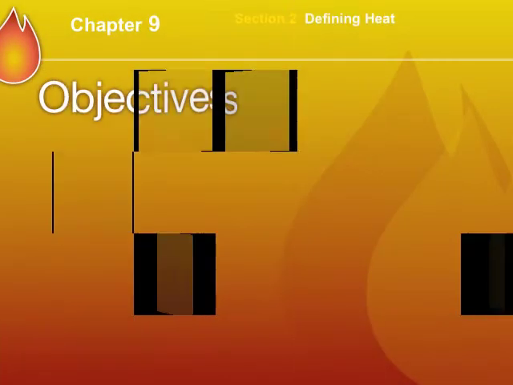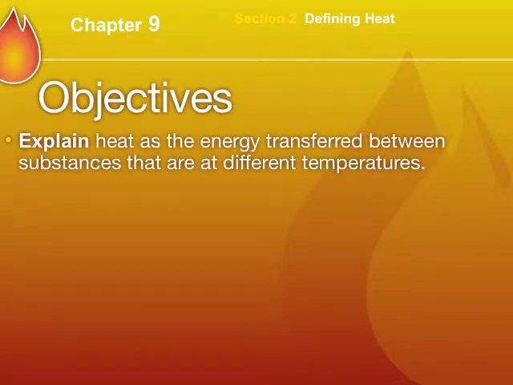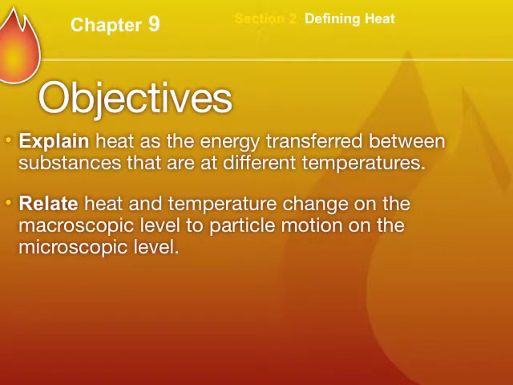Okay, our objectives here for defining heat is we want to explain heat as energy transferred between substances and relate heat and temperature change on the macroscopic level to particle motion on the microscopic level. We've already kind of done this kind of thing. We did this last year. Yeah, we're kind of doing a repeat of it this year. Why are we looking at it again?